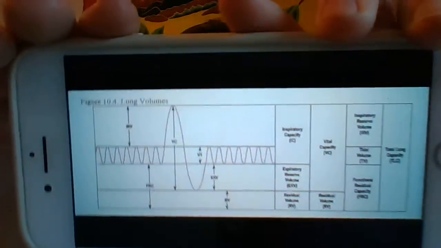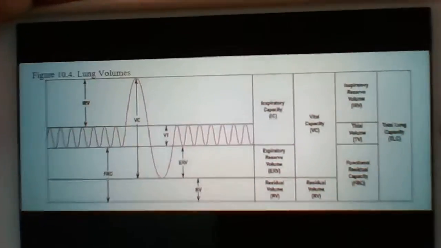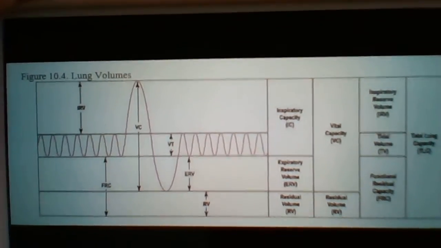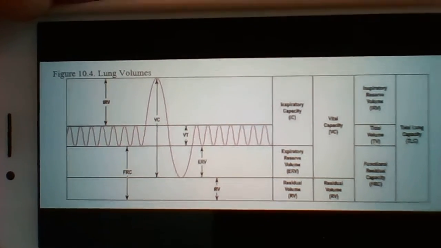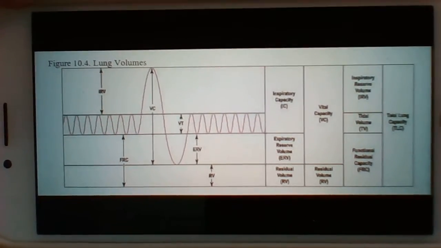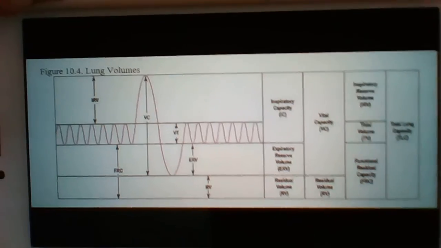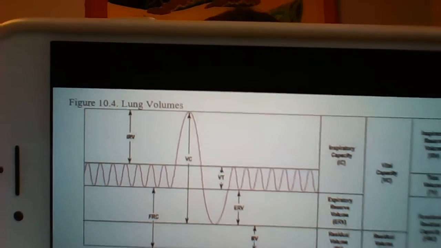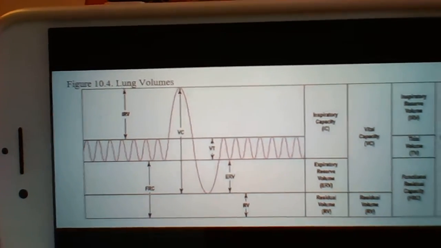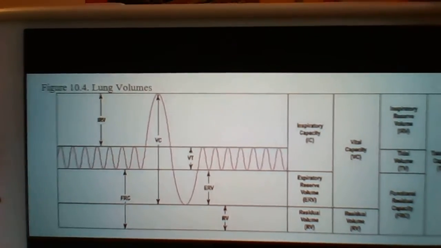If you look at figure 10.4, the next paragraph talks about some of these words here on the right of the figure, and it's interesting to see how this is a normal flow volume, but in COPD and RLD, some of these figures might change.